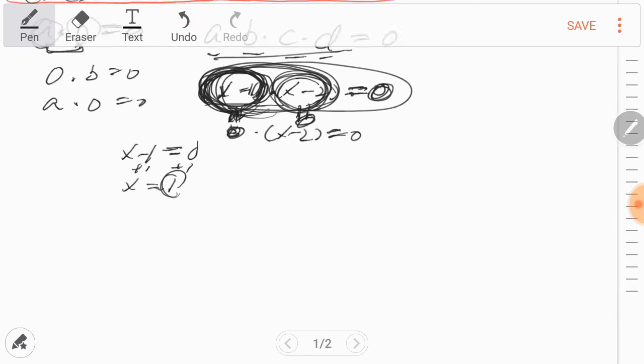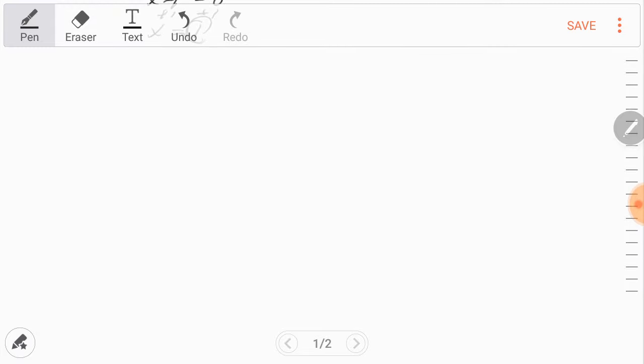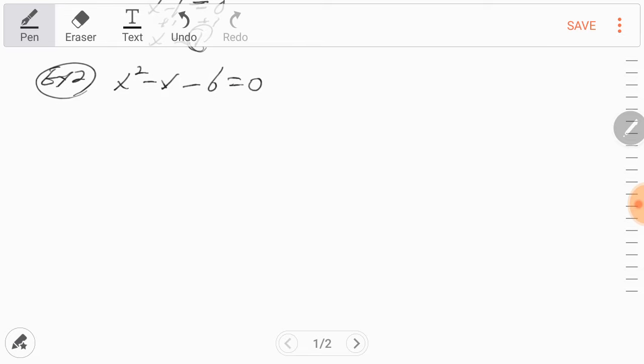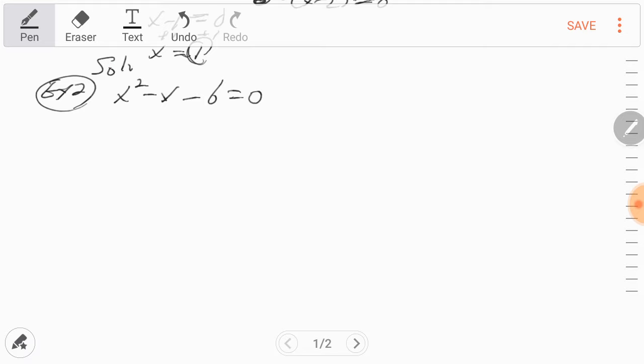So using this property, let's try an example. Example 2 is x squared minus x minus 6 is equal to 0. I want to solve this equation for the variable x.